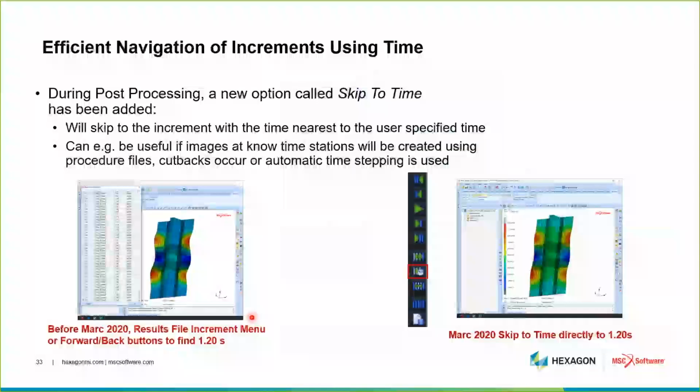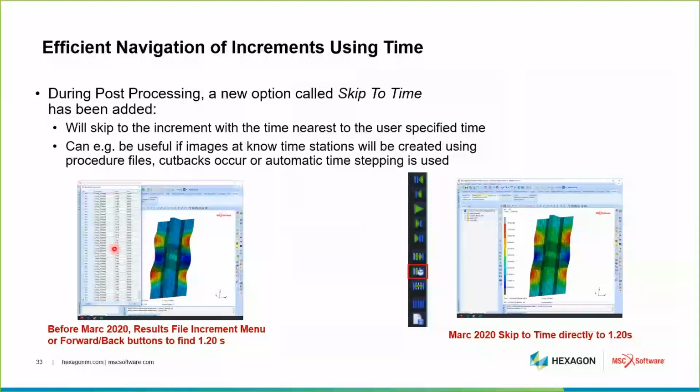We're starting to get near the end, but still some really important and powerful small enhancements. During post-processing, we have a new option called skip to time that's been added. This skips to the increment with the time nearest to what time a user specifies. So here's an example I did where I have this small specimen that is being buckled and there's VCCT happening, and you can imagine my increment count gets very large.